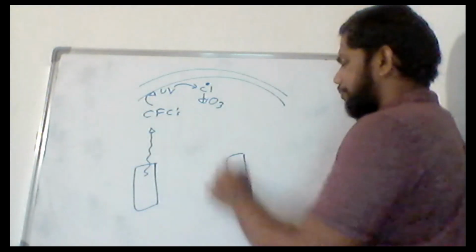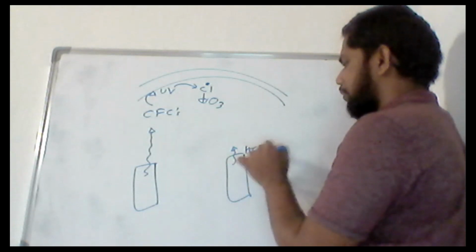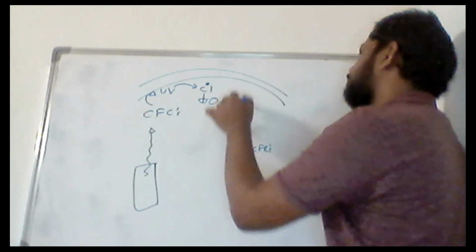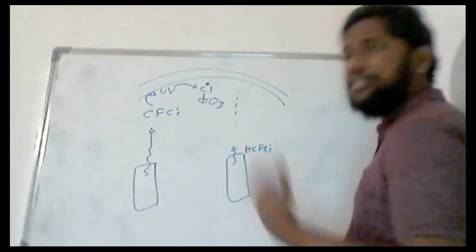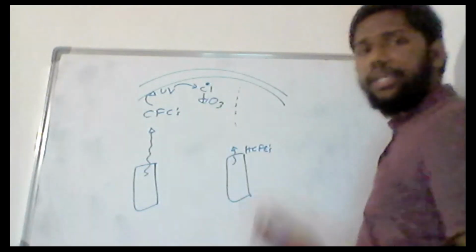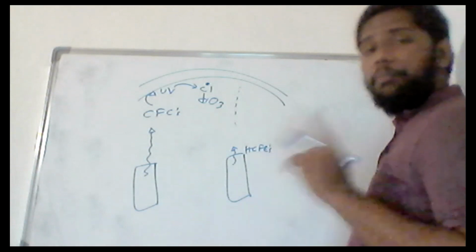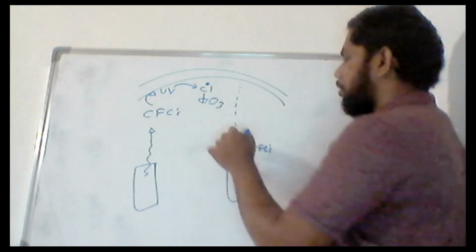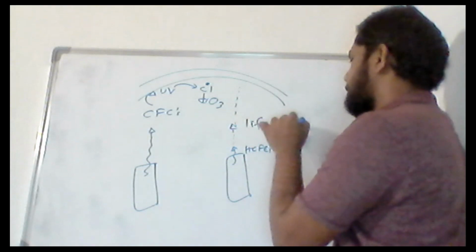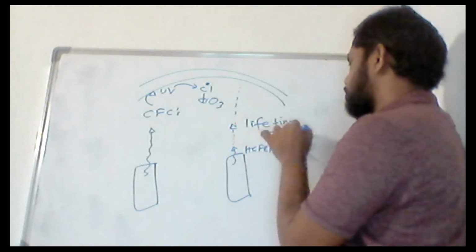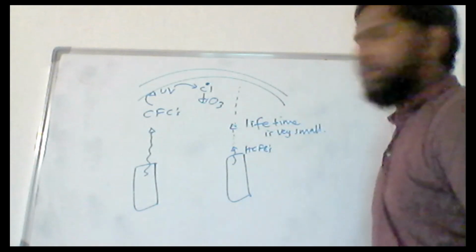The problem with HCFC is that it can still go, react with UV, form chlorine radicals, and react with O3 and harm the ozone. But the difference is that HCFC has a very small lifetime.